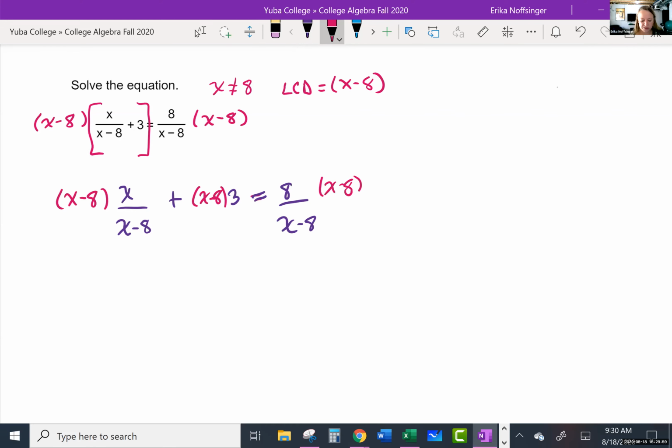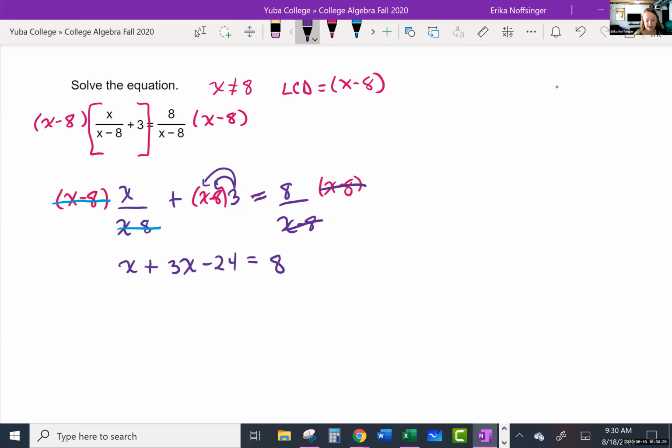Okay, since we did that so that our denominators would go away, the x minus 8's cancel there, and we're just left with the x for this first grouping, plus, well, let's distribute that 3 into the parentheses x minus 8. So doing that, we get 3x minus 24 is equal to, again, the x minus 8's cancel, and we're left with 8.